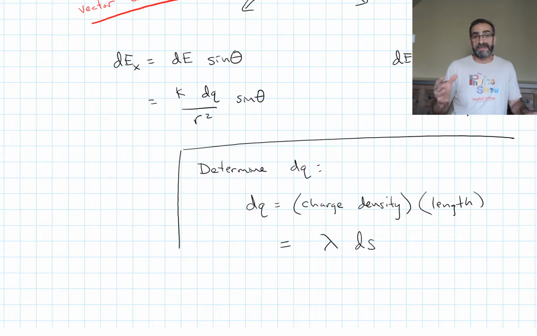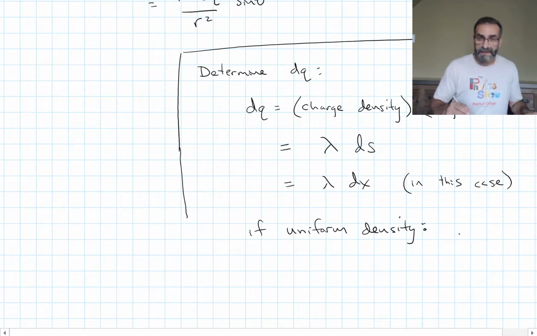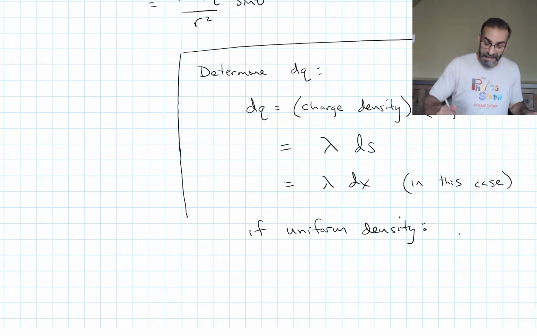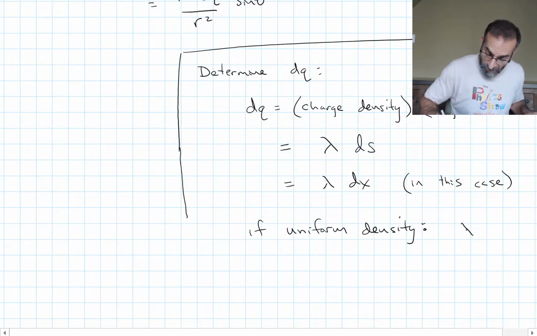In general, we use s for arc length, or ds for some small length element. In this case, it's going to be dx. If we have uniform charge density, which we do in this case, then lambda is equal to the total charge over the total length. So what do we get for dq?